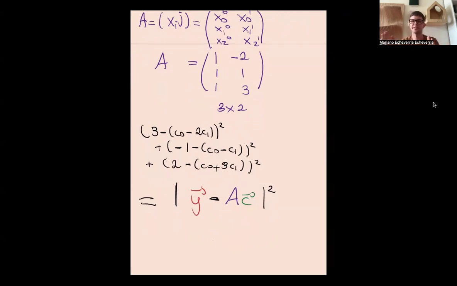What we're trying to make small is the length squared of the difference between y and the vector AC. So we are trying to make the length of this vector small. I mean, the length squared, but if the length is small, then the length squared is also small. That is not such a big thing.